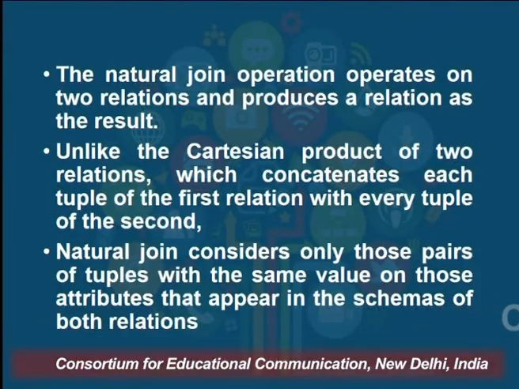Here it is not going to happen. Natural join is going to consider only those pairs of tuples in which the same value of a particular attribute appears in the schemas of both relations.